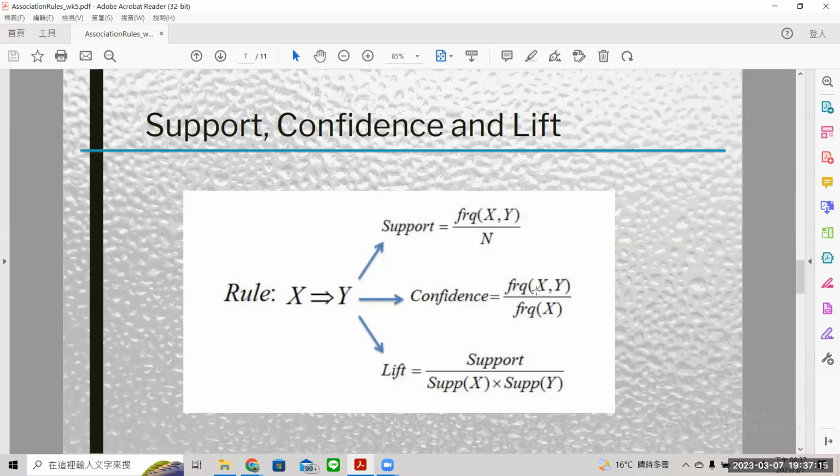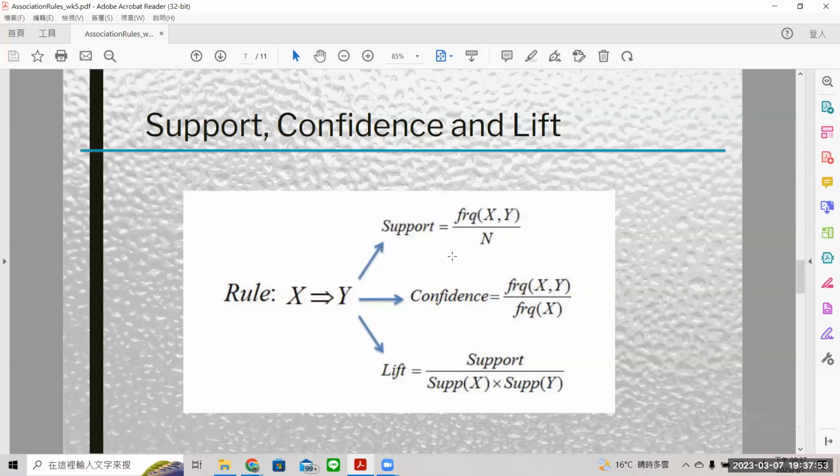And the confidence, do you remember? Actually, it's really similar to the conditional probability. Once X exists, we compute the frequency from X to Y. In traditional statistics, I remember this is the formula for the conditional probability, under the condition of X. And lift is this one.